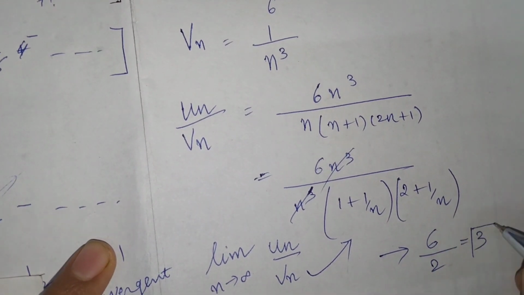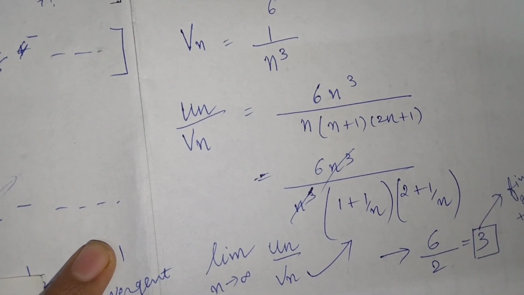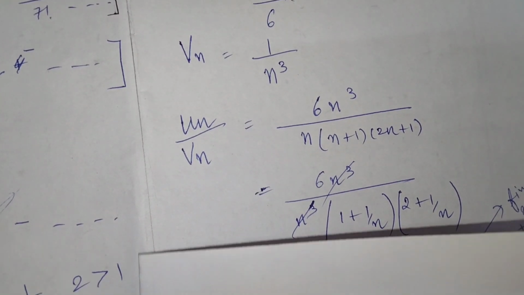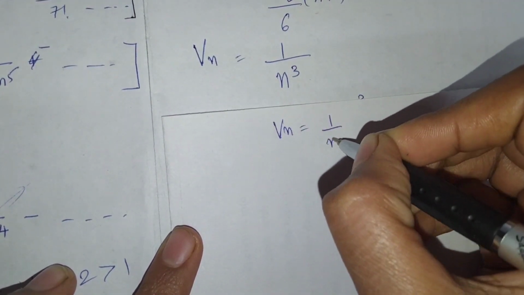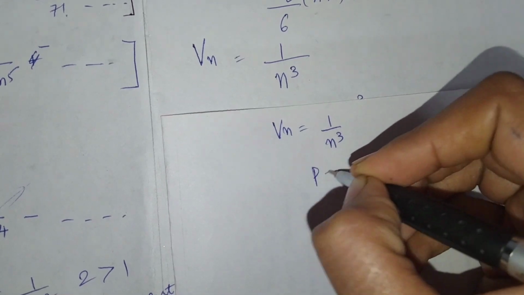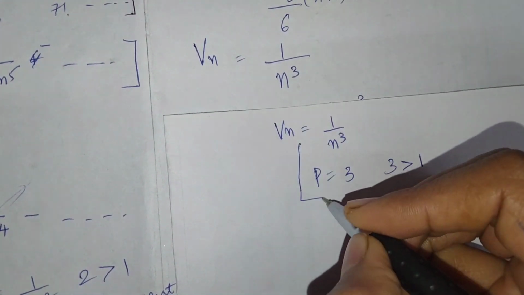So answer will be 3, and as we got finite and positive value, according to comparison test, whatever will be the value of vn, that will be the value of un. So what is our vn here? Vn is 1 by n cube. Okay? So again our p is 3 and 3 is greater than 1, so our vn is convergent.